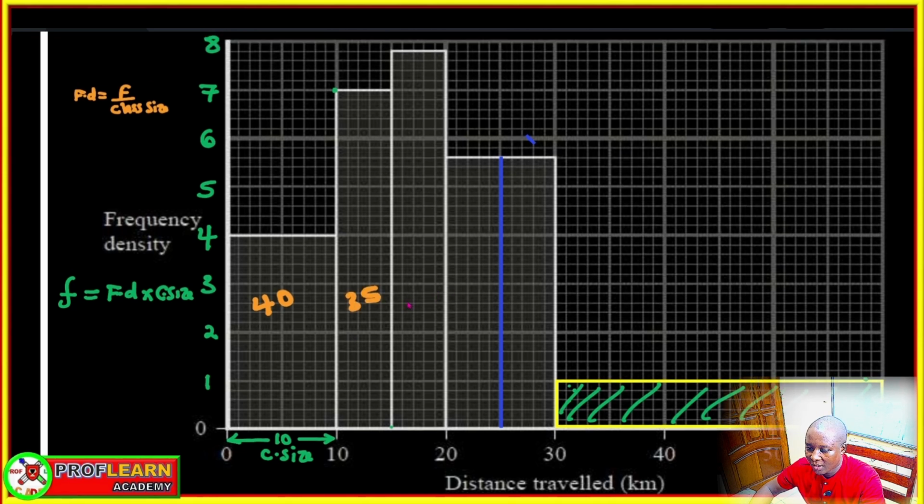This one will give us 39. 20 to 25 will give us 30. And this other one, from 25 to 30, will be 5 times the frequency density there, 5.6, which is 28. Then the last is 30.